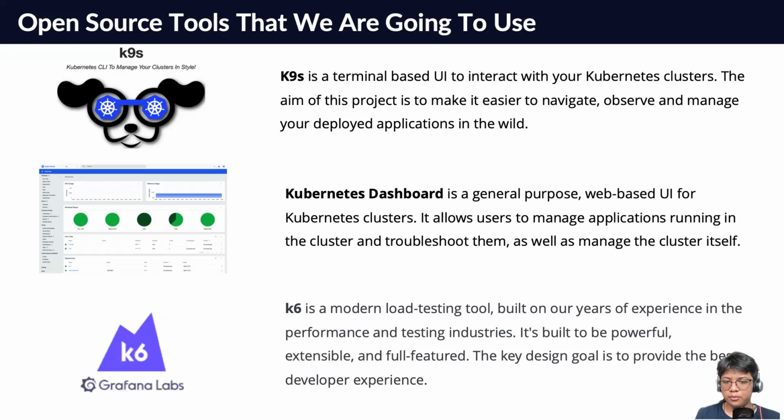K6 is a modern load testing tool built on Grafana's years of experience in the performance and testing industries. It is built to be powerful, extensible, and full-featured. The key design goal is to provide the best developer experience. This is based on Grafana Labs.